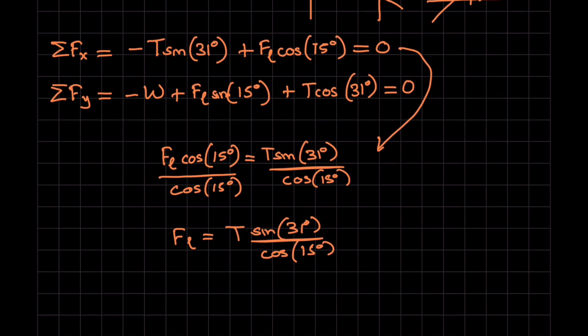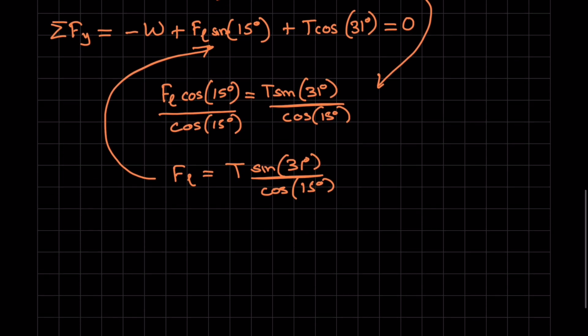What I'm going to do with that is take this and go up to the second equation and plug it into FL in there, right? So if I do that, the second equation will just have one unknown, and that one unknown is tension. I'll show you what I mean. So that second equation, all I'm going to do is rewrite it. So minus the weight plus, I'm supposed to have the force L, right? So the force on the legs.